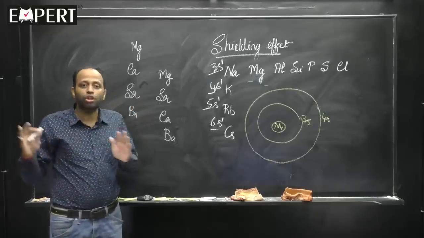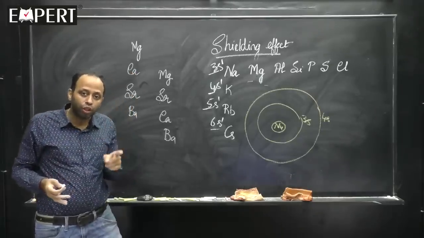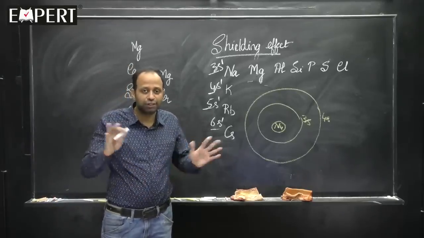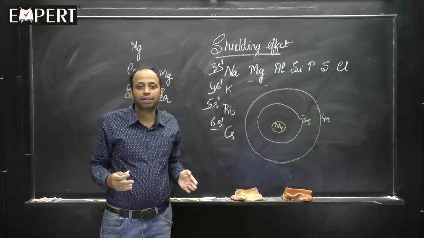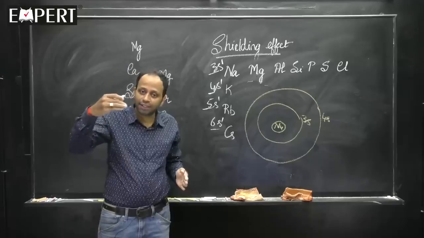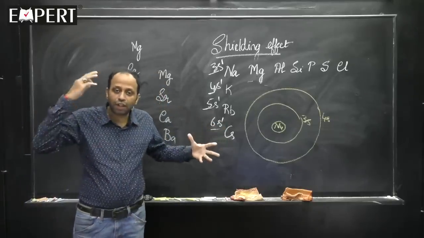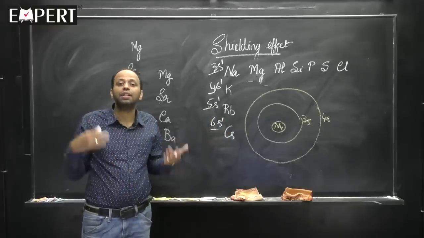Magnesium, calcium, strontium, barium belong to the same group. That means its electronic configuration is similar, not the same, similar would be the proper word. The principal quantum number increases by 1. As it increases, the distance of the electron from the nucleus will increase.